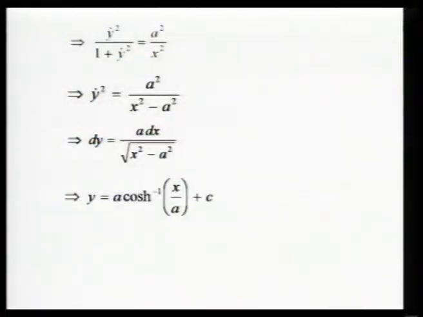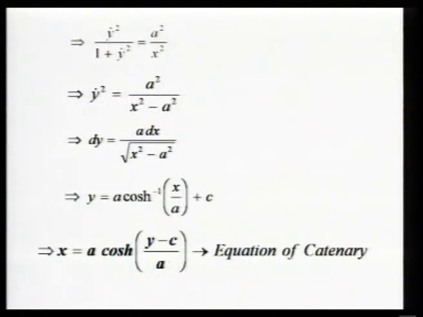The best substitution here would be x equal to a cosh of a new variable. And therefore y is equal to a cosh inverse of x by a plus a constant. Reverse this: x is equal to a cosh of (y minus c) by a.